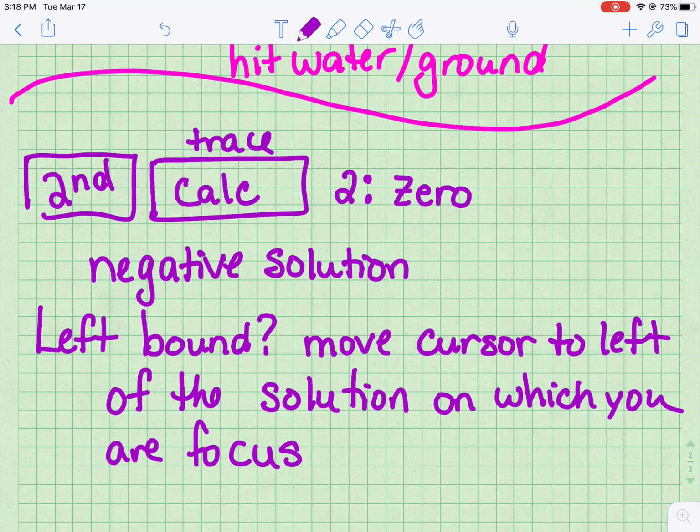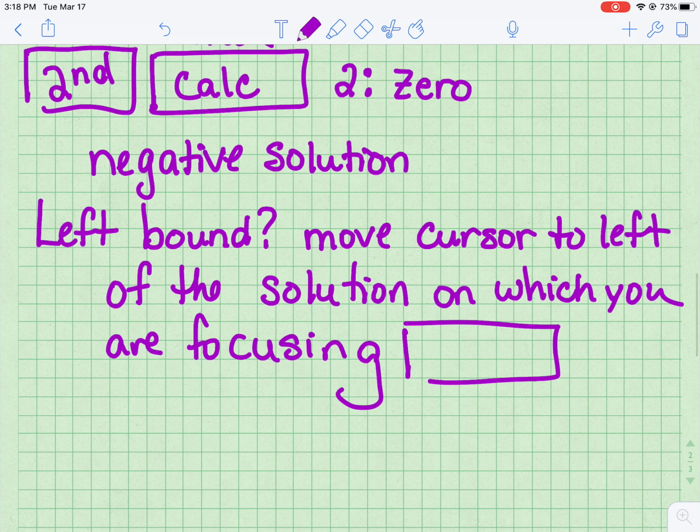You can only do one at a time, okay? So I'm going to move it to the left. In this case, it's going to be below the x-axis. And then as usual, we hit enter. And again, remember what we're doing here is giving the calculator boundaries in which to identify which 0 I want to look at. Then it's going to ask for right bound.